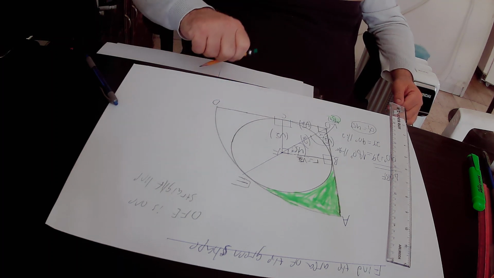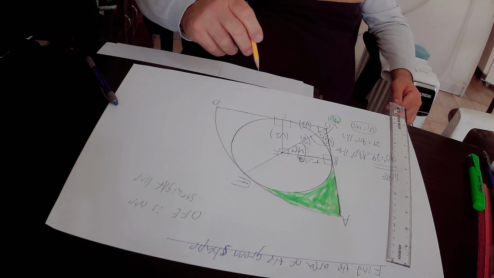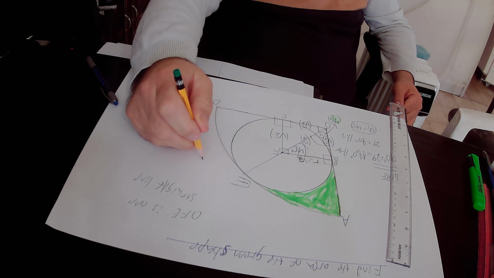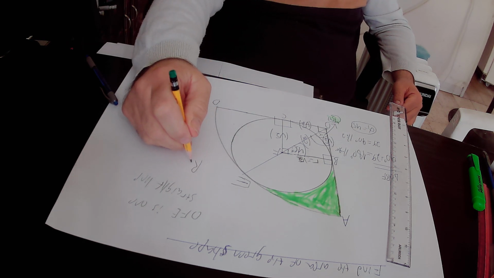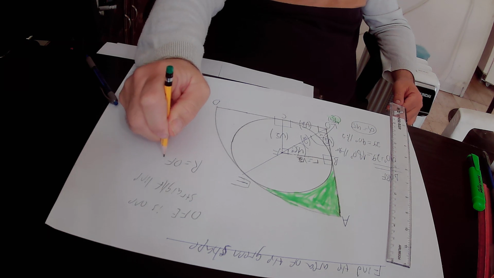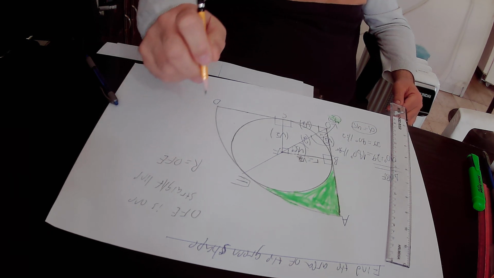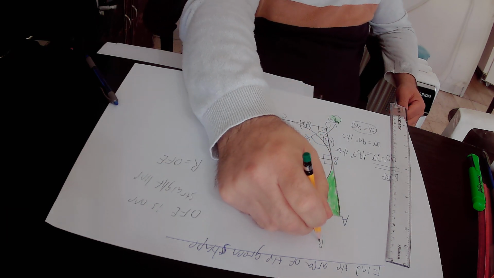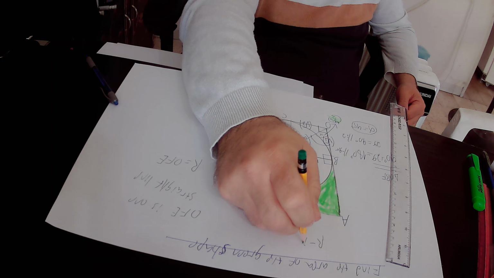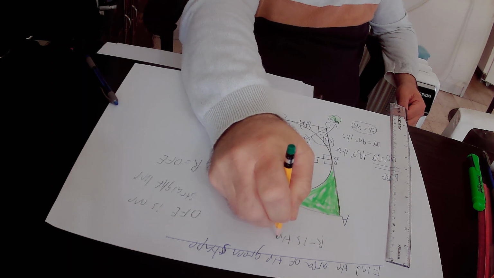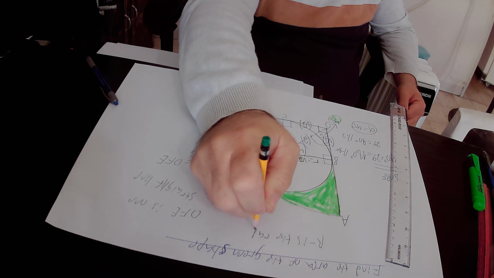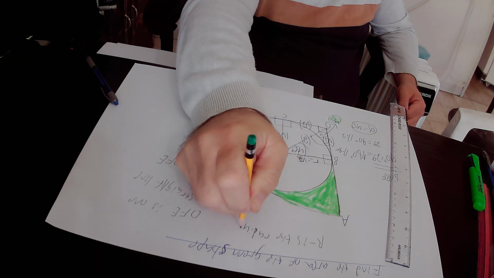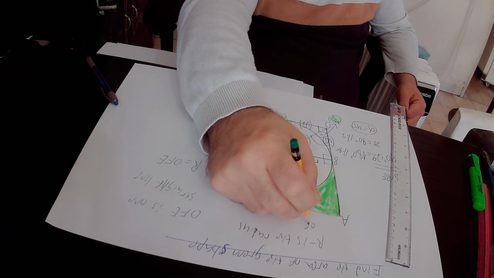We will define the radius of the big circle as capital R. Therefore, capital R is equal to OFE. I write it here that capital R is the radius of the big circle.